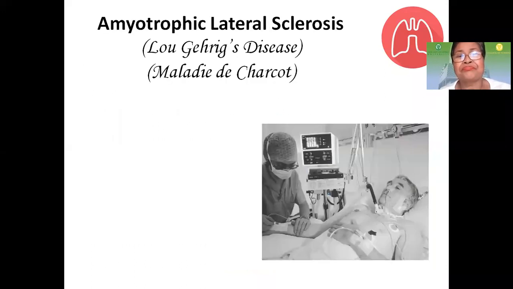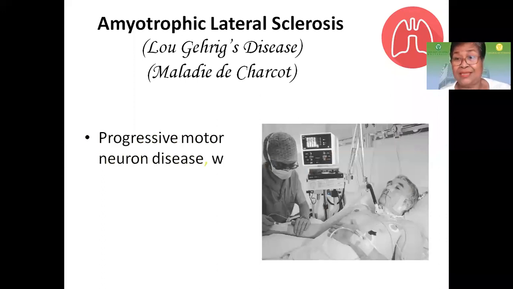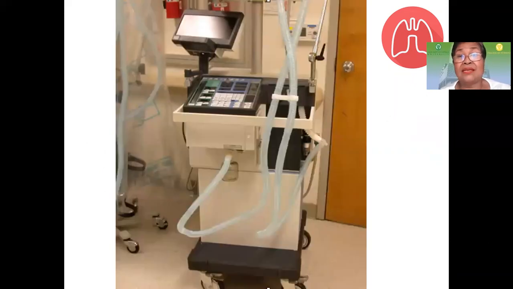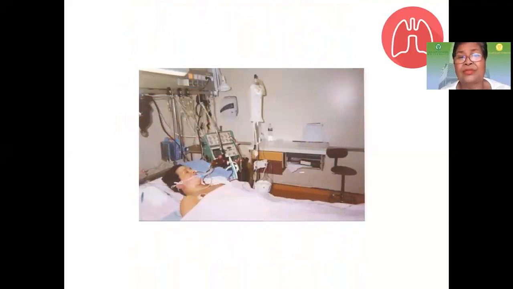Okay. Same is true with amyotrophic lateral sclerosis. There's also progressive motor neuron disease, which usually leads to death in 2 to 6 years. Okay. So, buhay nila, nakasalalay sa artificial airway and respirator.